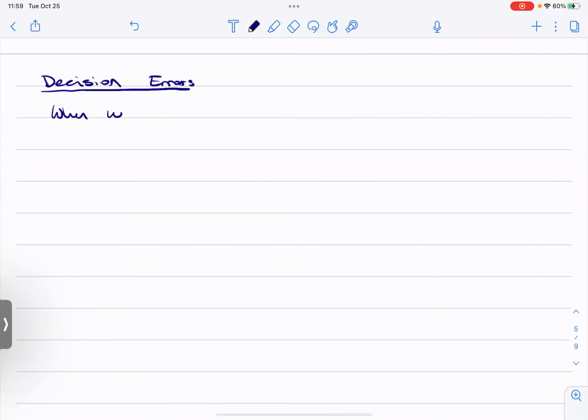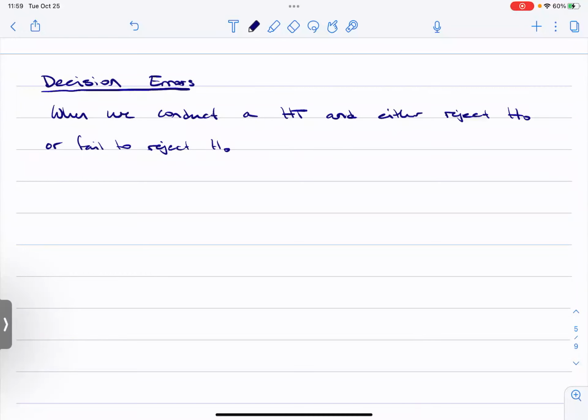So when we conduct a hypothesis test, we either reject H naught or fail to reject H naught. Remember, you never accept anything, right? So you either reject or fail to reject H naught, which we usually abbreviate FTR H naught, fail to reject H naught.